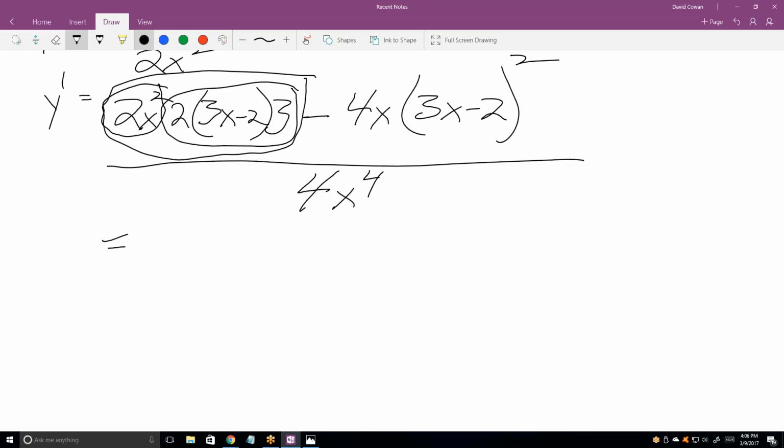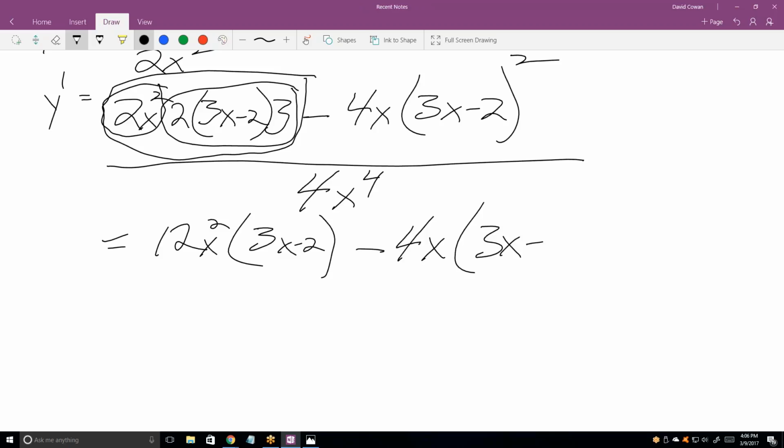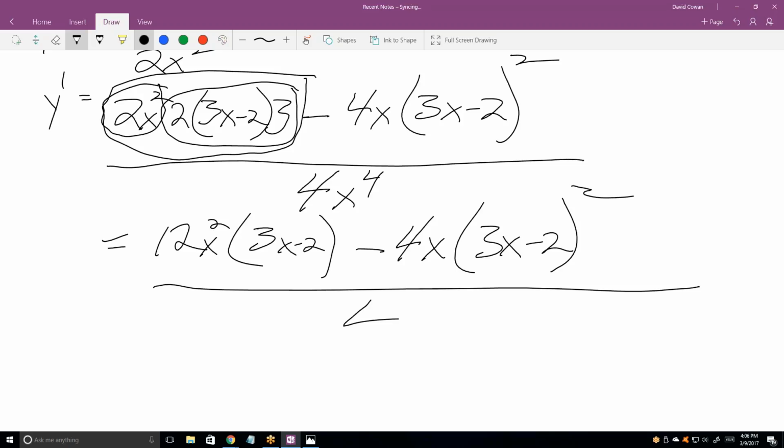We got a 2 times a 2 times a 3, so at least 12. I got an x squared and then I got 3x minus 2. Okay? Now, I'm subtracting 4x times 3x minus 2 squared. And I'm going to divide it all by 4x to the 4th.